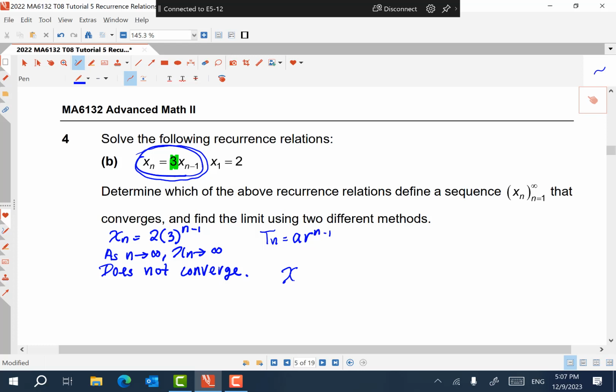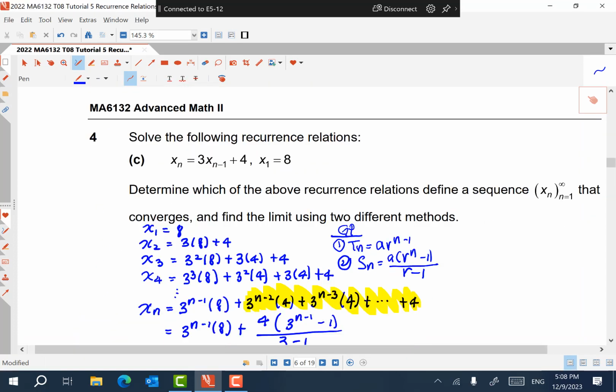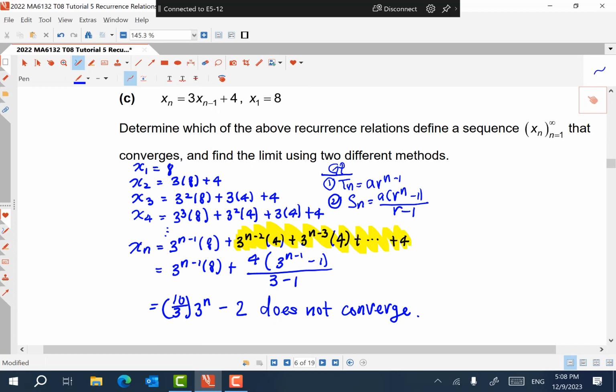That's why in your final answer for xn, you find that the answer is actually of this form, there's a 3 to the power of n. It's not by chance. Because of the presence of 3 in the recurrence relation, the solution to 4b carries a 3 to the power of n, and the answer for 4c also carries a 3 to the power of n. It's not coincidence.